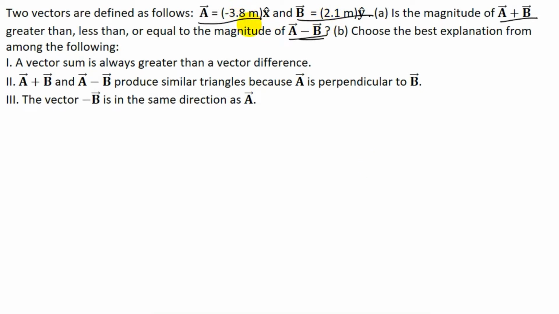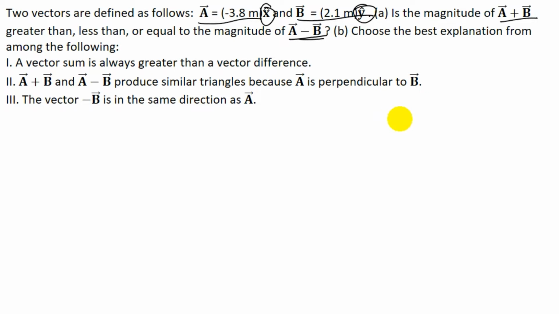Now if you see these two vectors carefully, these two vectors are perpendicular to each other. It's in the x direction and it's in the y direction, so they are perpendicular to each other. Either you add the vectors or you subtract the vectors, it will form a right angle triangle, and the hypotenuse will be the vector sum and the vector difference of these two vectors.